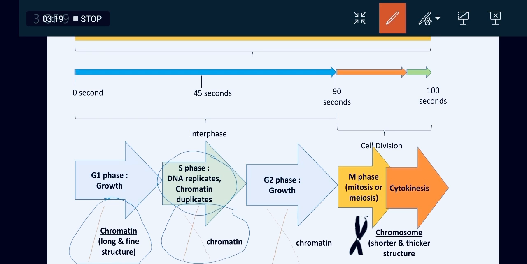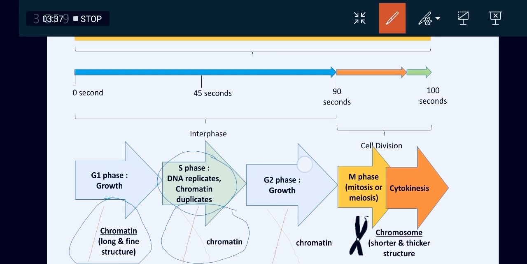Just now it was like a strand of hair, now there are two strands of hair that intersect in the middle, just like an X. So this shows that the chromatin undergoes duplication.